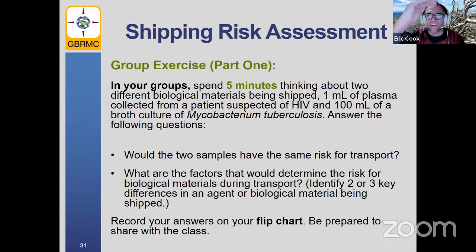Then list all of the factors that determine the risk for a shipment, identify the two or three most important factors, write them on sticky notes, and organize them from your most important factor to the second, third, and fourth. I'm going to have Abiodun and Easter walk around and help you with this. When you're done, I'd like to see an organized list of the key factors for transport and shipping. All right.